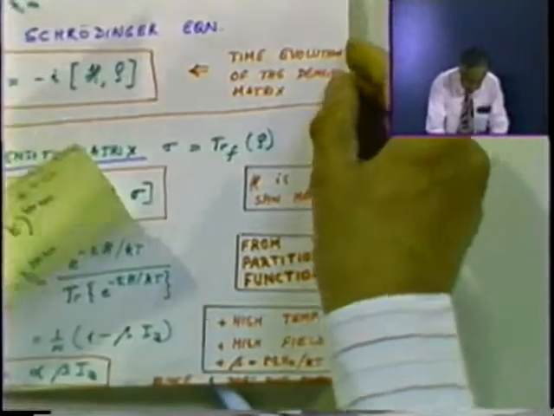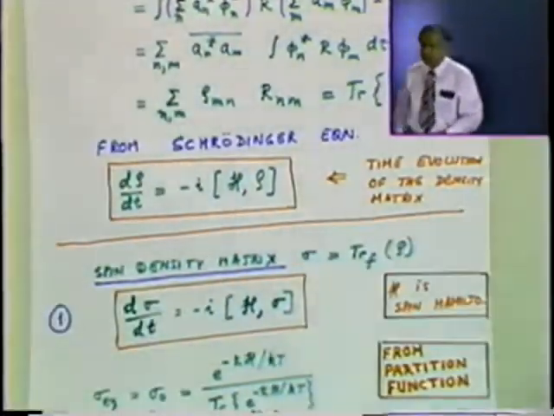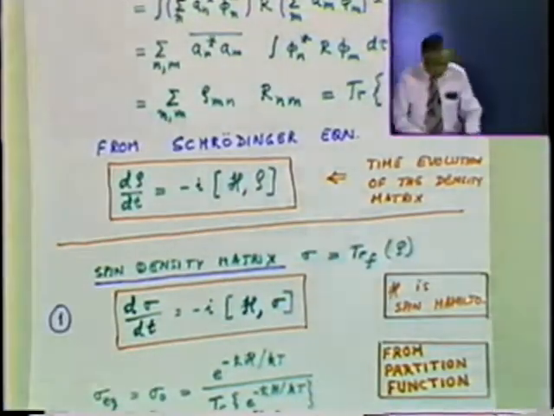When I go from rho to sigma, that is to take the trace over all lattice variables, lattice parameters. I see. So we go from a global density matrix to a spin density matrix. Yes. Okay.